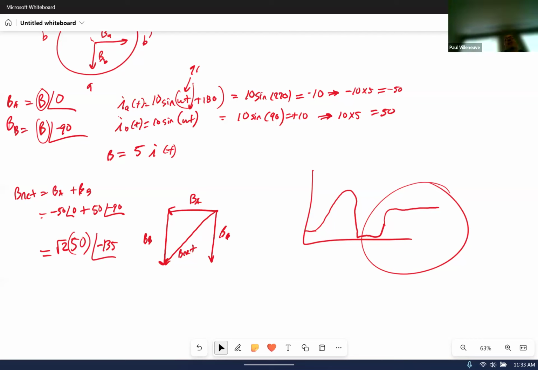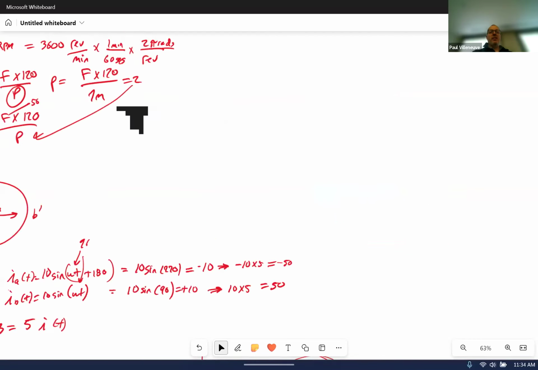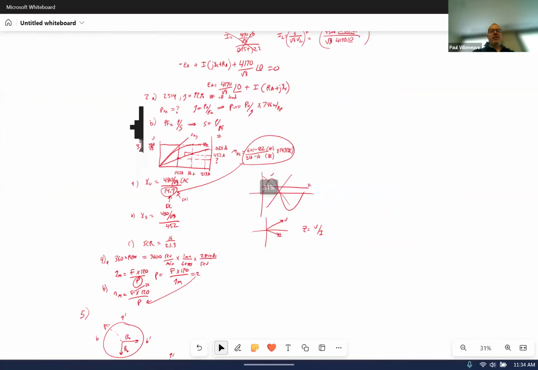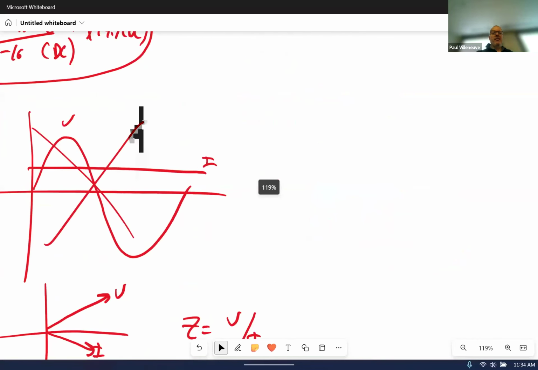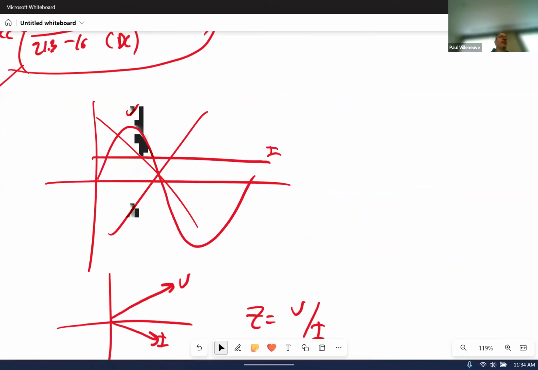You may not have been taught enough AC circuit analysis to say you can do this or you can't do this. But when you start to peel back the onion a little bit and ask what's going on, hopefully it makes sense to you that I can't divide an AC current by a DC current, because if I look at this right here, that doesn't make a lot of sense. I can't get something like that.